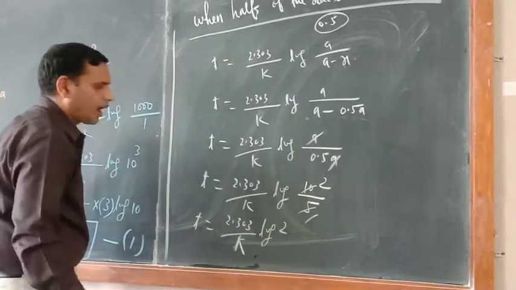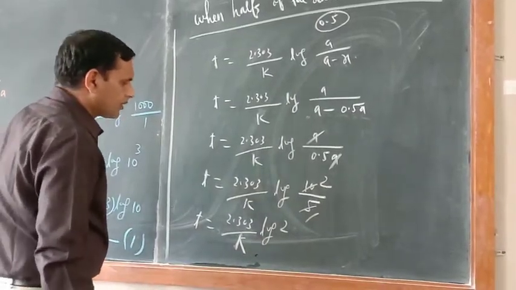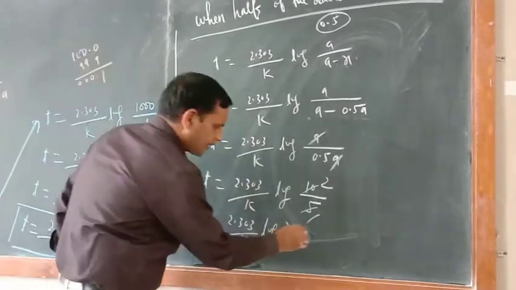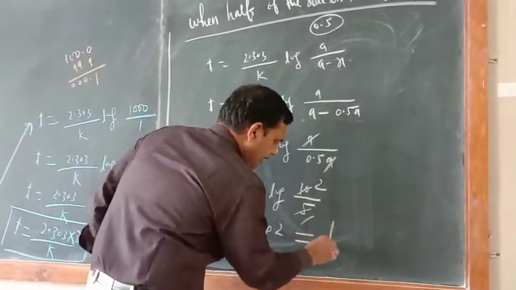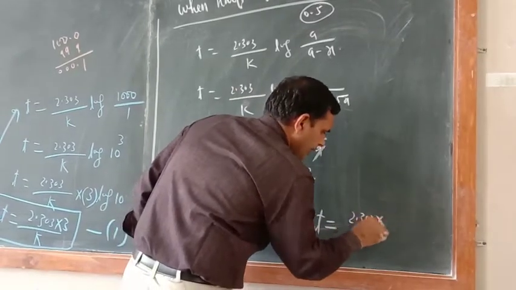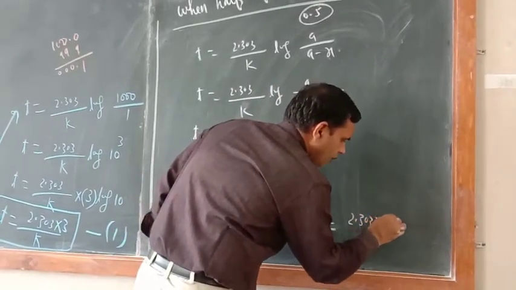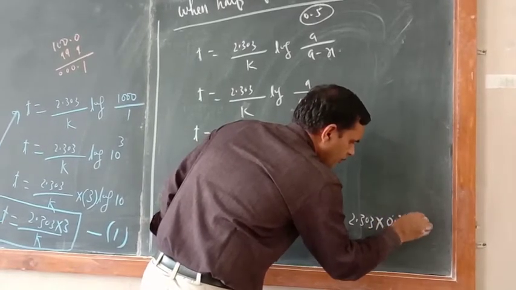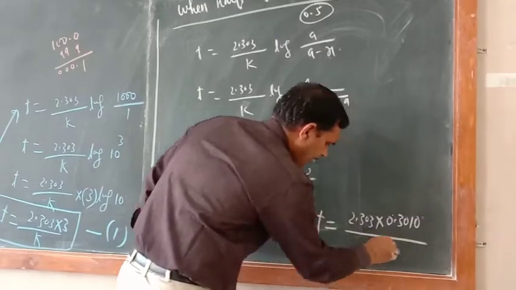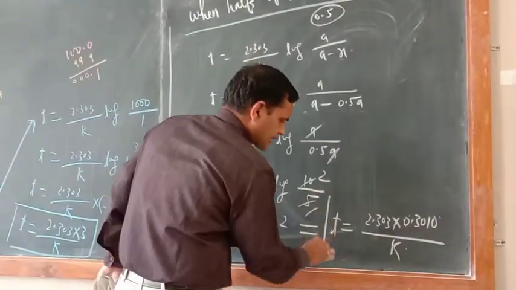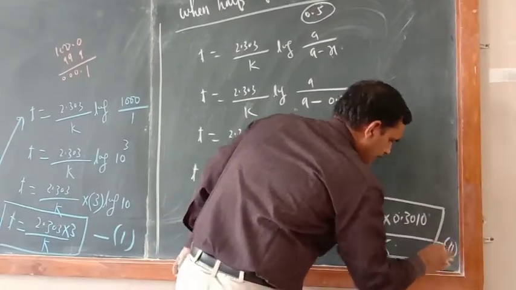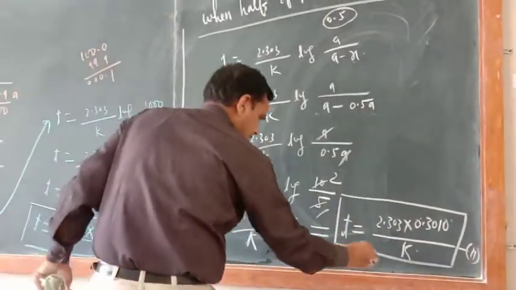Log 2 value equal to 0.3010. So t equal to 2.303 into 0.3010 divided by k. Dear cadets, this is our equation number 2nd.